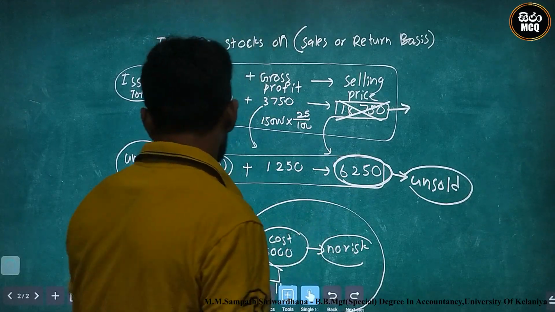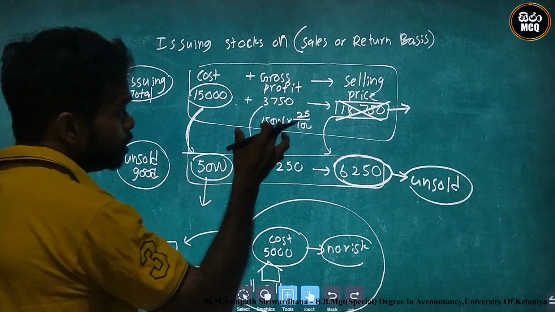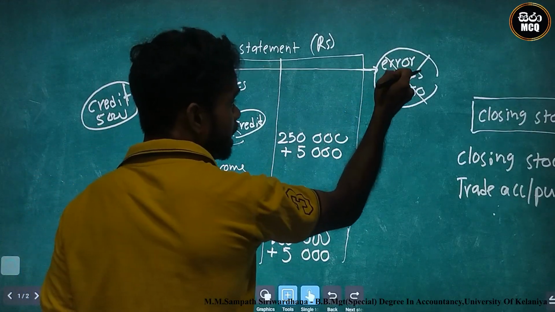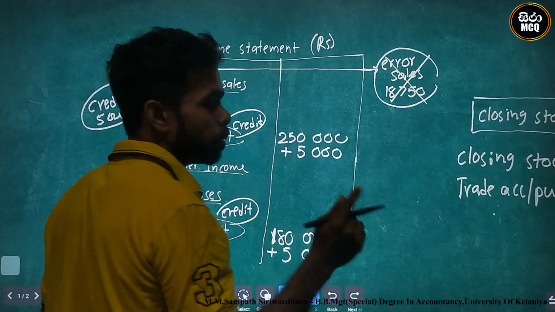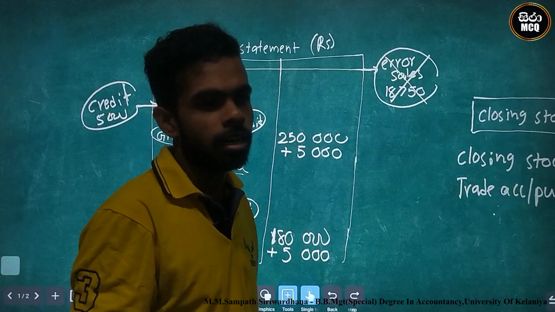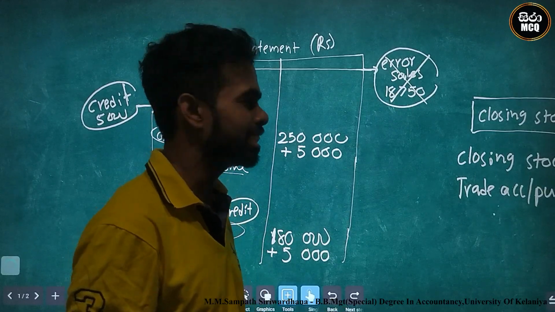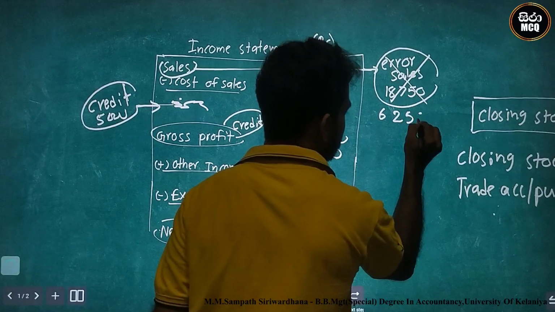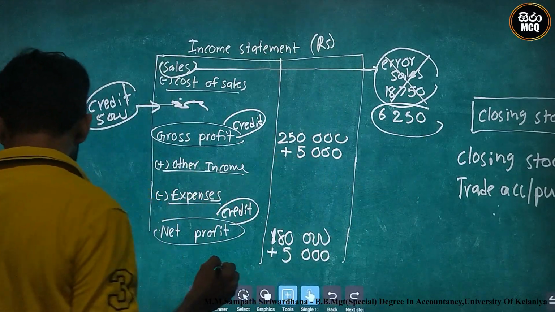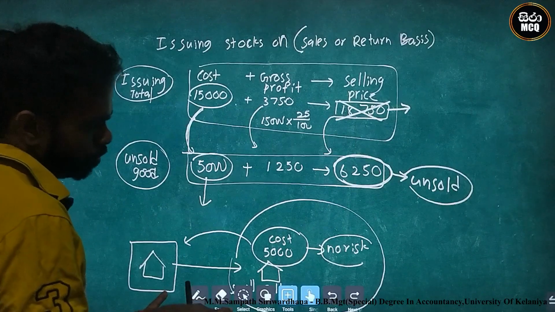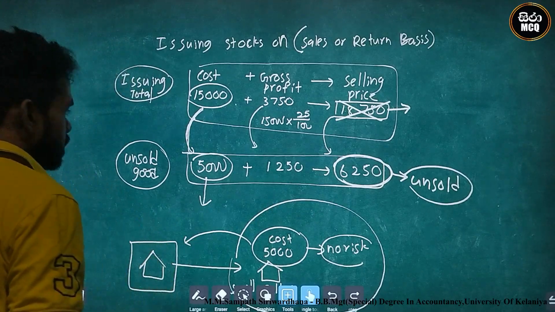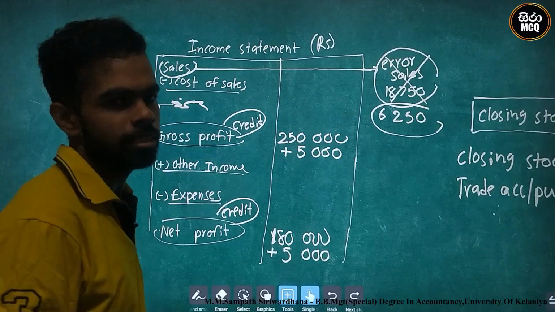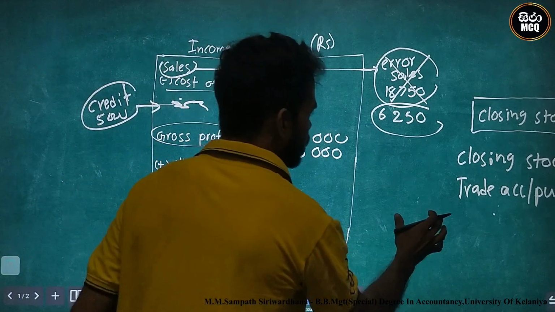Sales value. Why? Sales value is already identified as 18,750, but unsold goods are there, 6,250. Okay, you must eliminate it. At this time, I eliminate it.